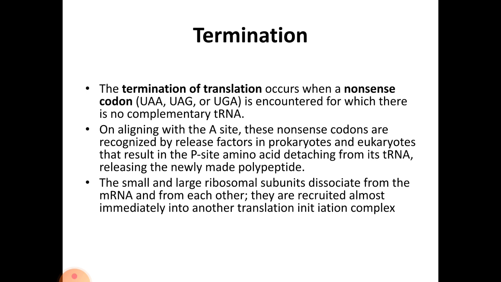On aligning with the A site, these nonsense codons are recognized by the release factors in prokaryotes and eukaryotes that result in the P site amino acid detaching from its tRNA, releasing the newly made polypeptide. The small and large ribosomal subunits dissociate from the mRNA and from each other. They are recruited almost immediately into another translation initiation complex.